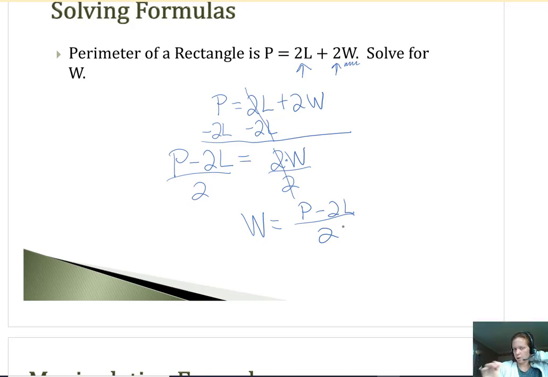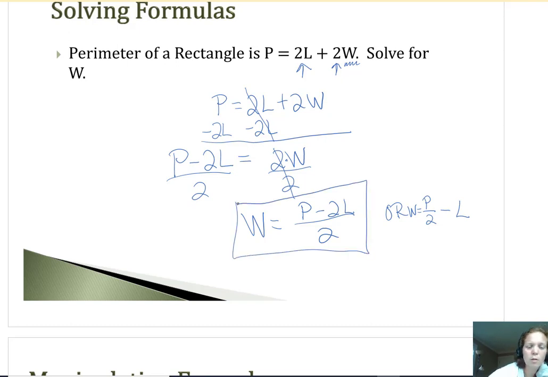I could break each part divided by 2 and it could look a little different. Typically I'd stop here, but you could make this P divided by 2 minus 2L over 2, and the 2's would cancel. That would be okay as well. That's also correct, but both parts would have to be divided by 2. But I would typically just leave it like that.